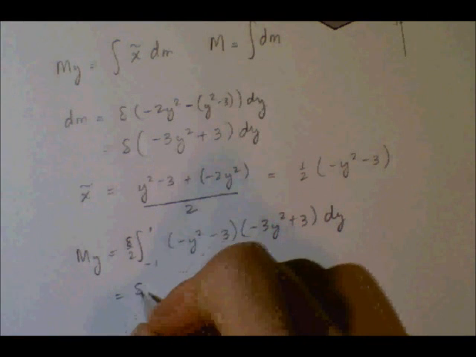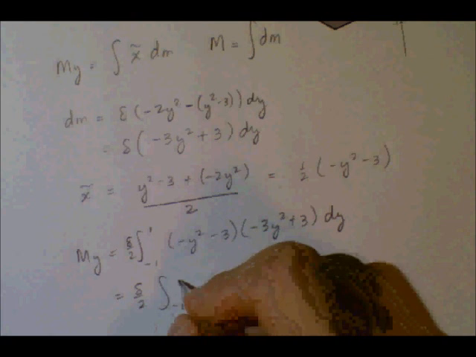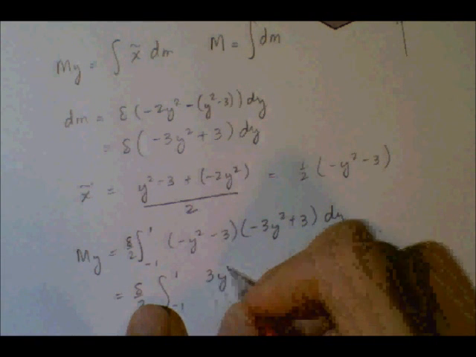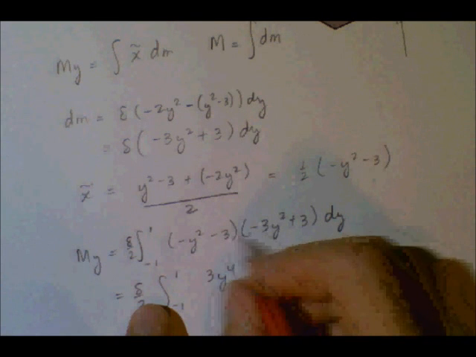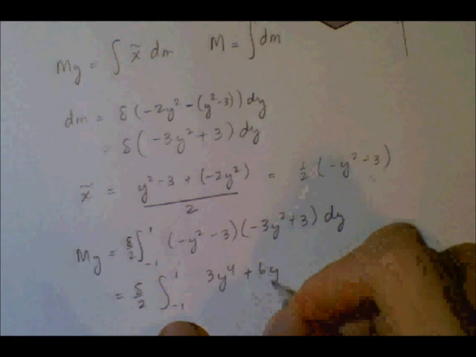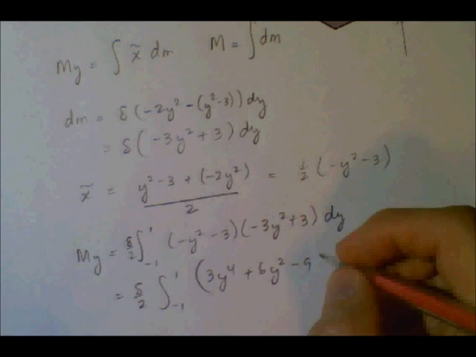Multiply: 3y to the 4th plus 9y squared minus 3y squared is plus 6y squared minus 9.